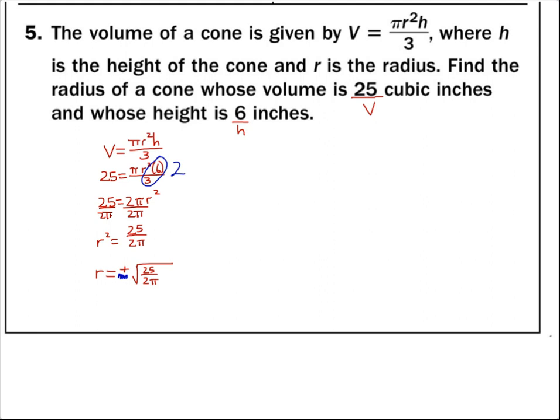So it's exactly the square root of 25 over 2 pi, and so the radius is approximately 1.99. And let's go ahead and throw the units inches on there. There you go. That's the end of this checkpoint. Let's put a box around it to make it look official. That's the end of this page. That's the end of this section.